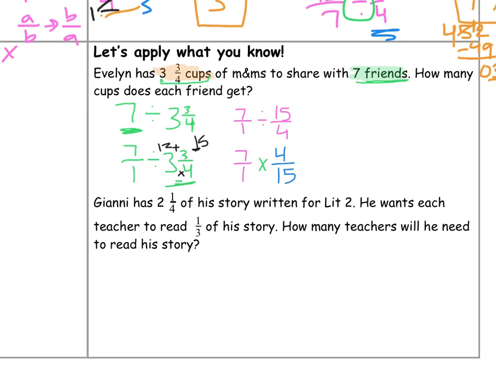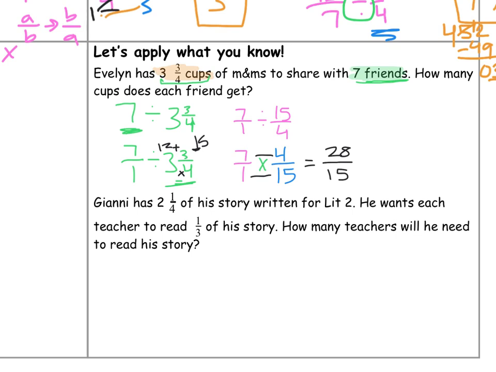And now I get to multiply straight across. So I have 28, and then I have 15. And I want to reduce this because I want to see how many cups each person gets, because I don't know how many cups 28/15 is.